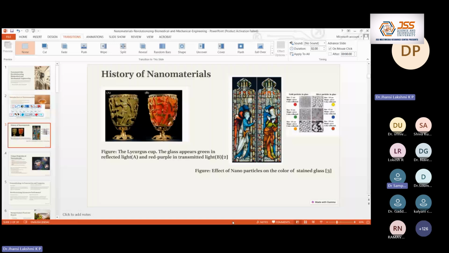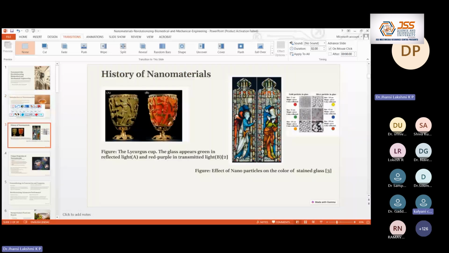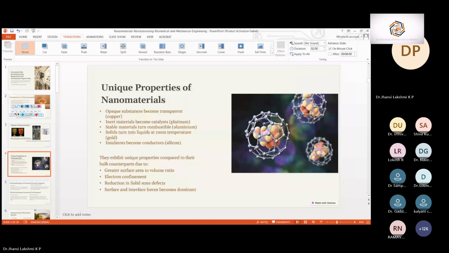You can press the F5 button. Now the slides are changing. Okay, I'll keep it this way, not in presentation mode. But the text is not visible to us.